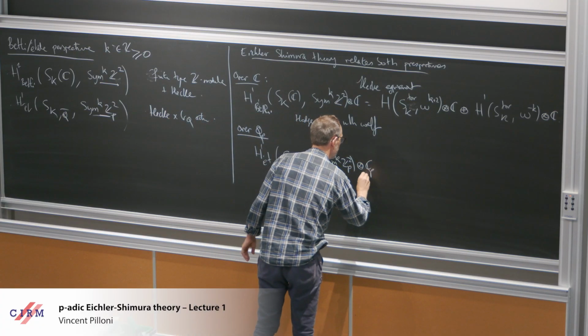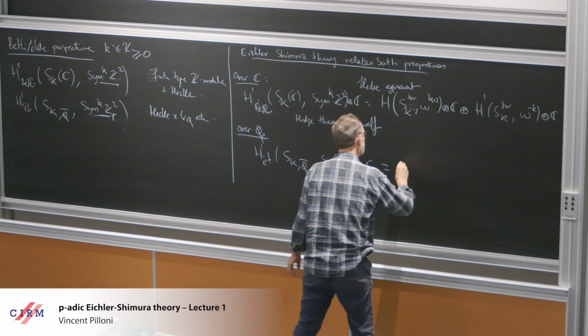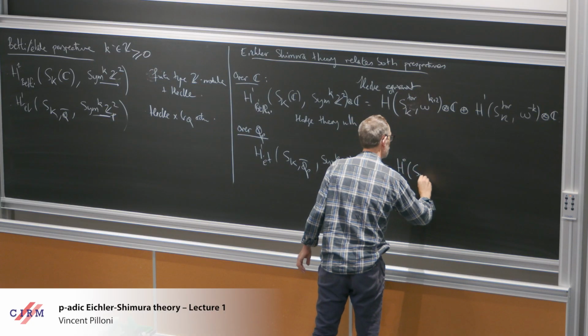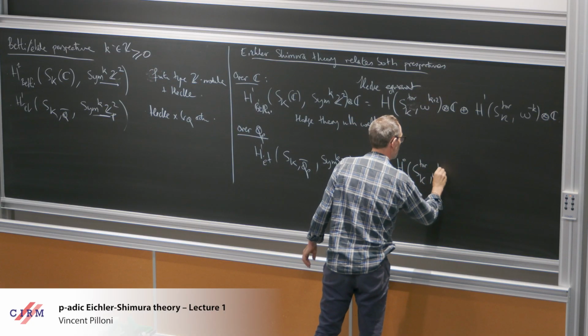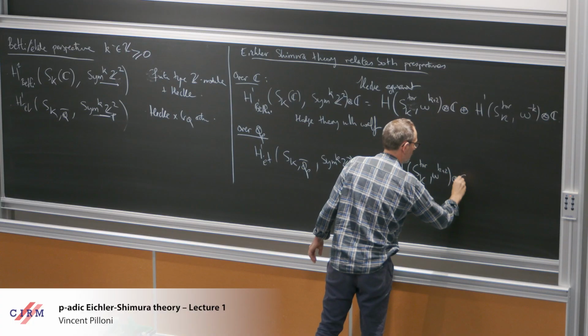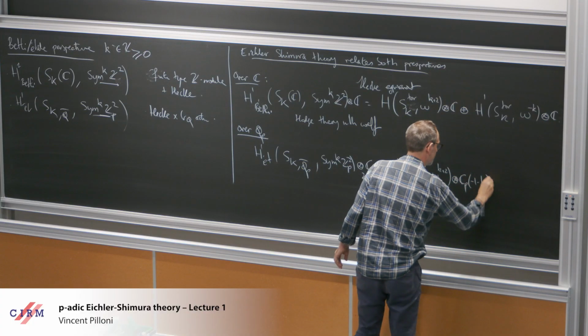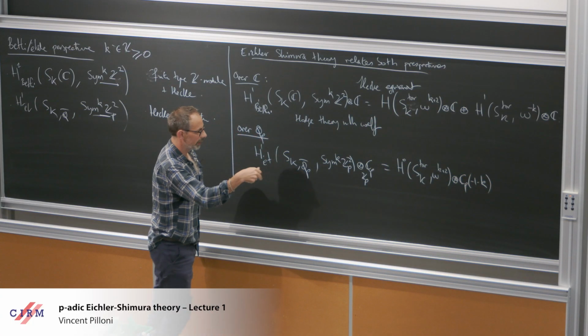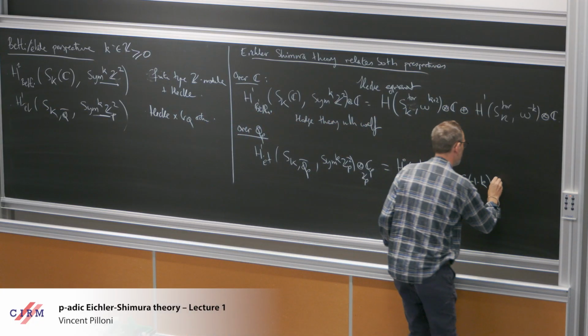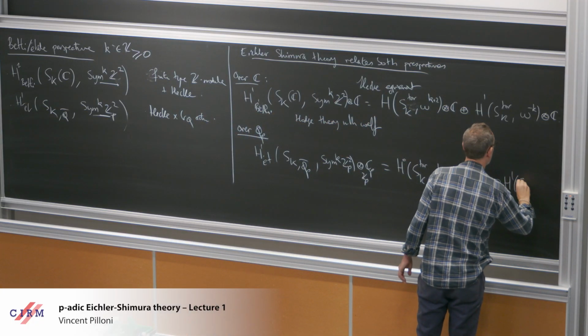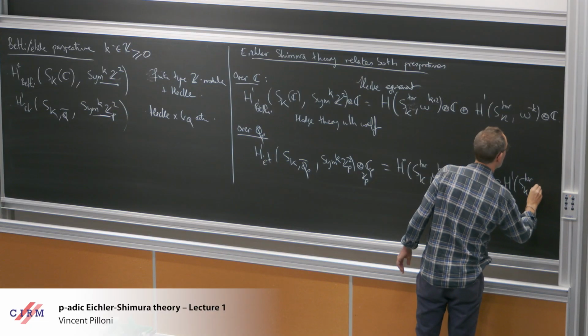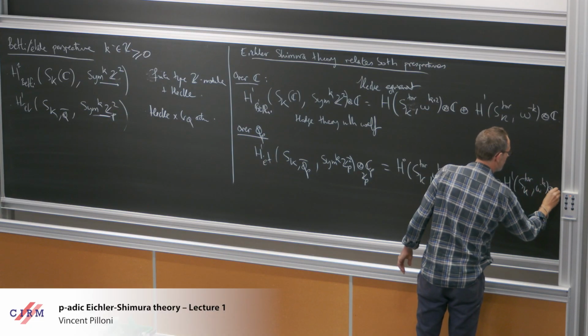Tensor C_p over Z_p. This is kind of the same as C_p twisted by -1 minus k, so there is a Tate twist, plus H1 of S_K, tau, omega to the minus k tensor C_p.